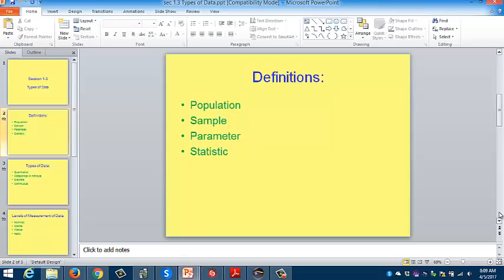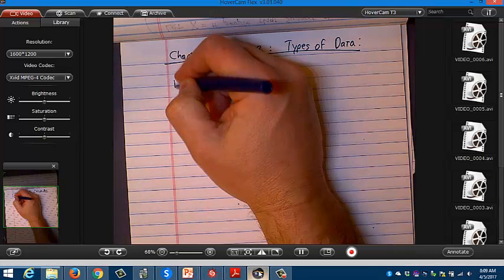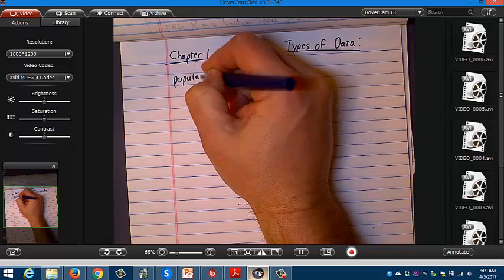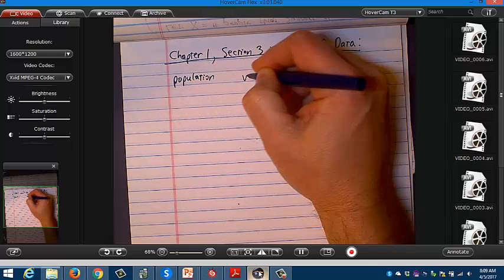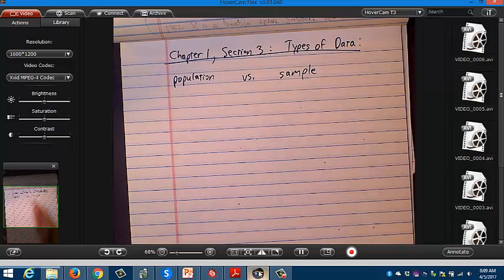Okay? So population, sample, and then you see two more words there that we've talked about already, right? So what's the difference? A population versus a sample. We've talked about this a little bit already, right?